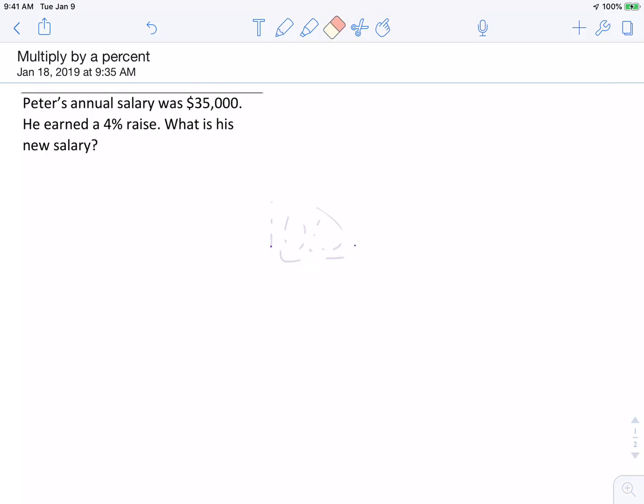So in this case, we have Peter. His annual salary is $35,000. He earned a 4% raise. Before I do anything, I'm going to just take my 4% and turn it into a decimal so that I can go ahead and finish solving the problem.